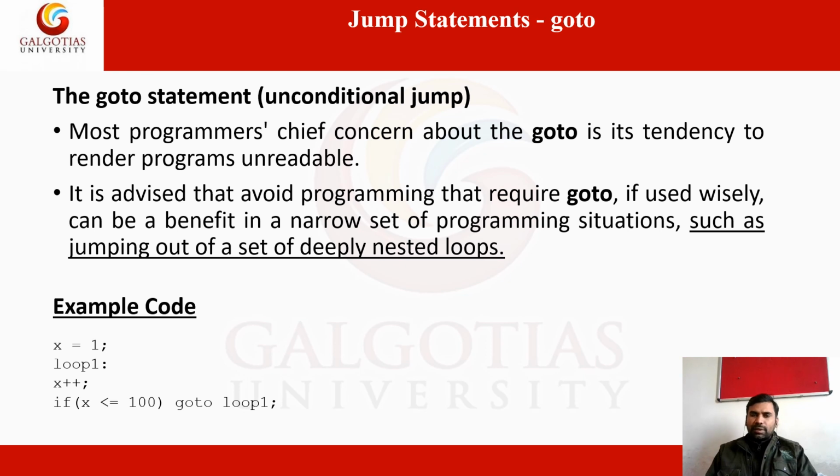So the advice is to avoid it, though if used wisely it can be beneficial in a narrow set of situations, such as jumping out of a set of neatly nested loops. For a normal loop, okay, but with a nested loop this may create some problems. The flow will be different and the result will be different, everything different.